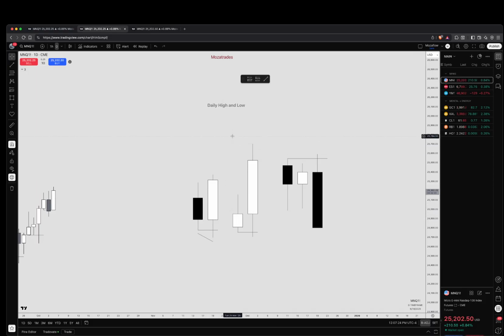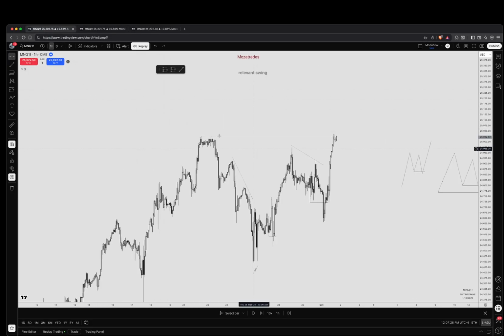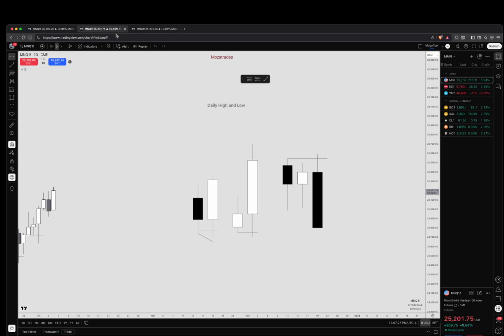If you're trading higher, if the draw on liquidity is higher, then you want to look for frameworks that are indicating high price action, high structure towards the outside. This one is one of them.